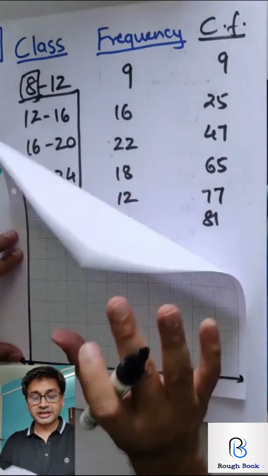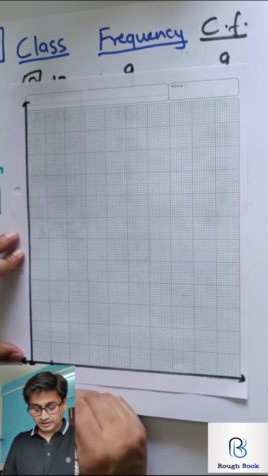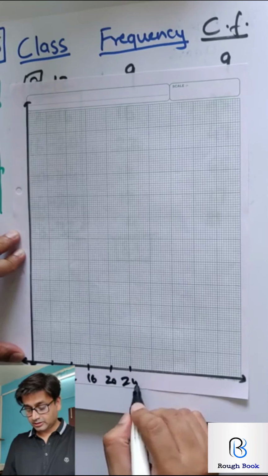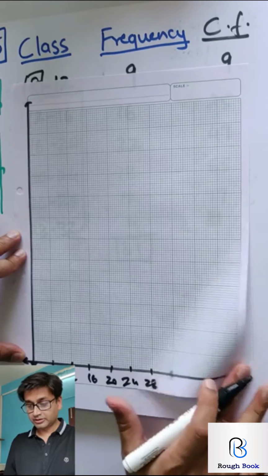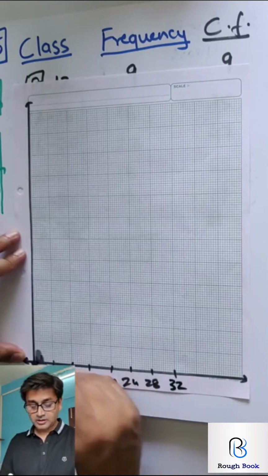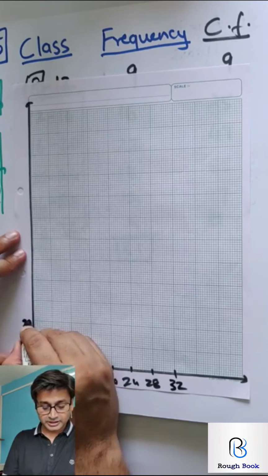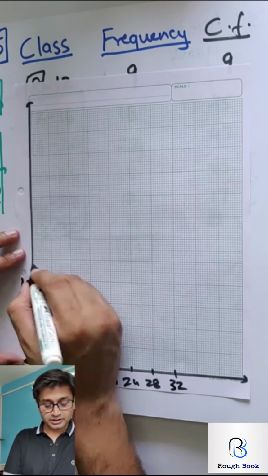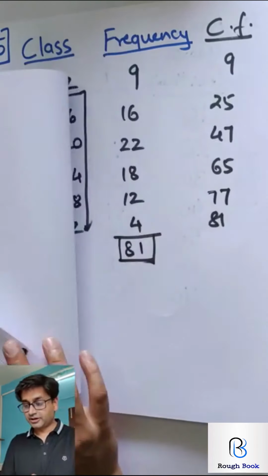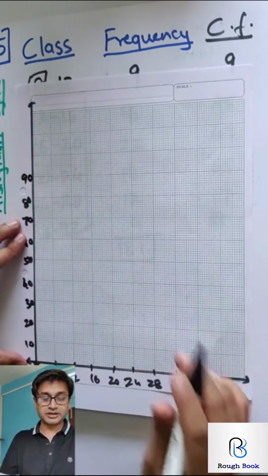The calibration is 0, 8, 12, 16, 20, 24, 28, and 32 is the last one. Maximum 10 we said: 10, 20, 30, 40, 50, 60, 70 and 80, or was it beyond 80? Yeah, 81. So we will have to go till 90.